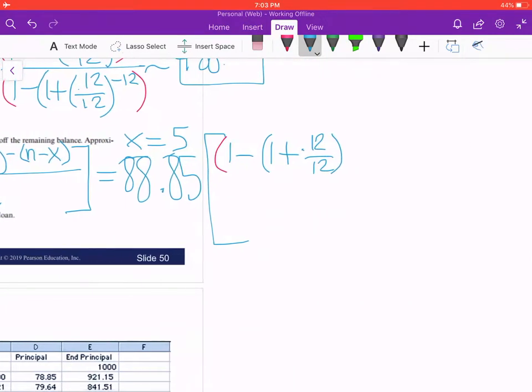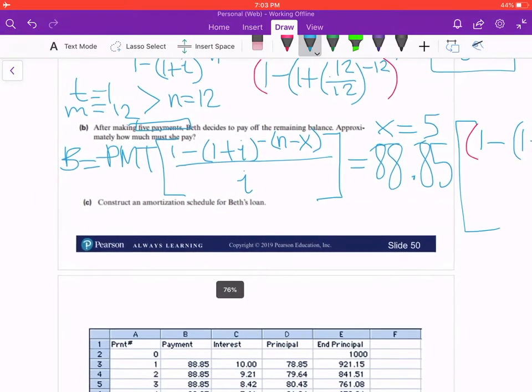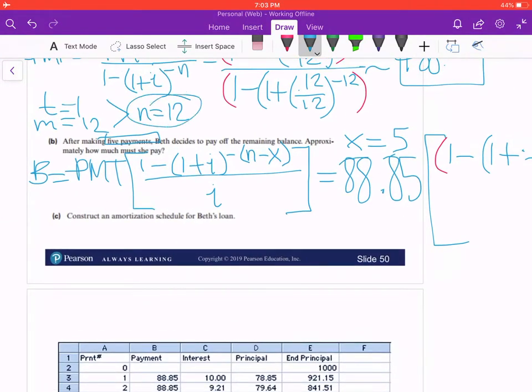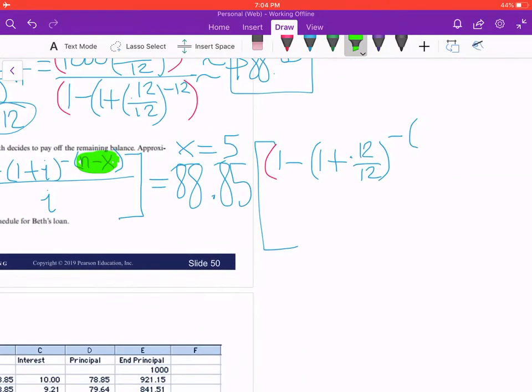And then for the exponent, n was equal to 12. So if we focus on this part right here, n minus x, that will be 12 minus 5.